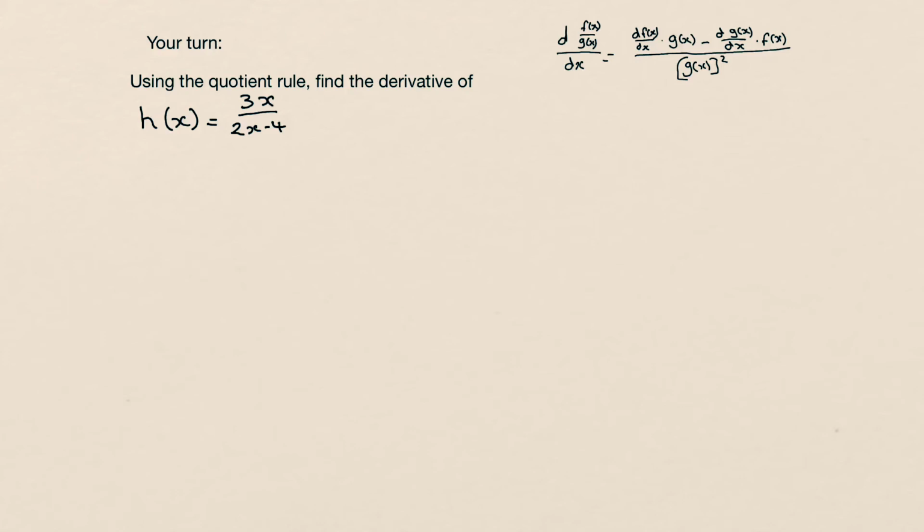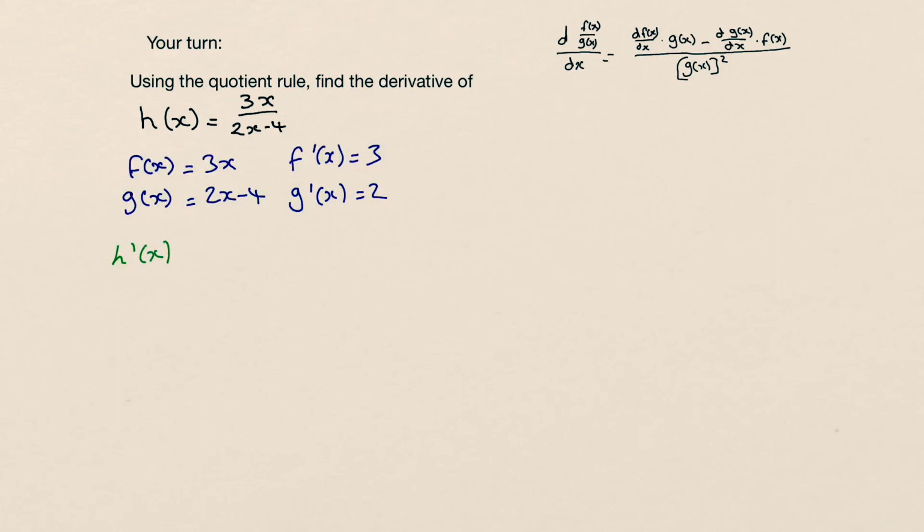Welcome back. Now, let's start off by setting our values of f(x) and g(x). So f(x) is 3x, g(x) is 2x minus 4, and their derivatives are 3 and 2 respectively. Right, now just put it into the formula.